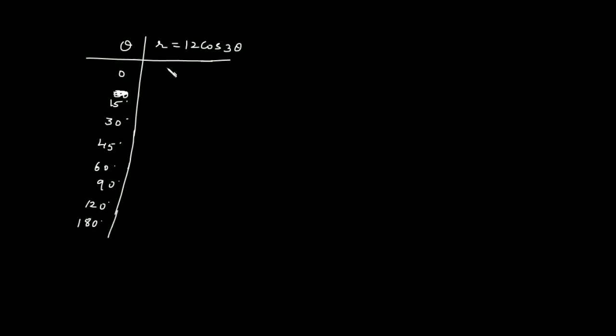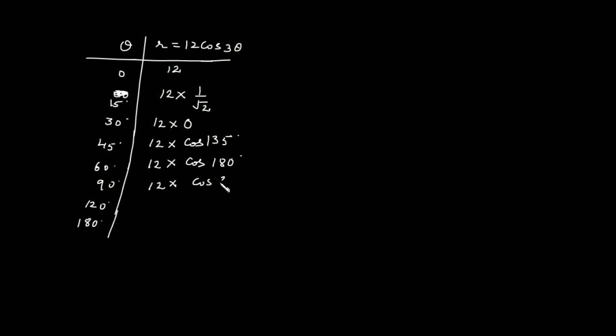The value of r will be 12 into 1, then 12 into cos of 45, which is 1 by square root of 2, then 12 into cos of 90, which is 0, then 12 into cos of 135 degrees, then 12 into cos of 180, then 12 into cos of 270, 12 into cos of 360.